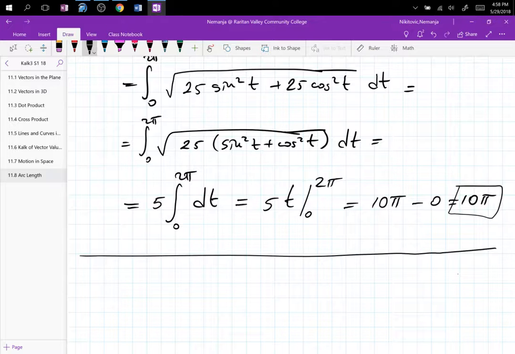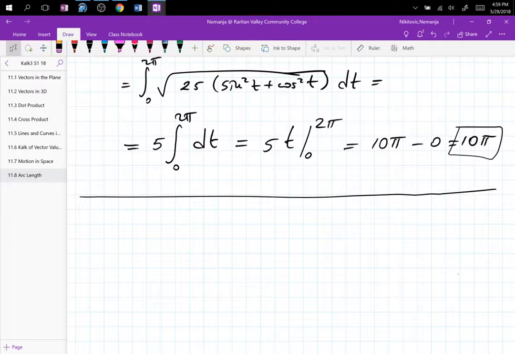So this was 2D, because I only had 2 components, but it turns out that extending this to higher dimensions is easy. Just keep adding stuff under the radical. So you have dx/dt, dy/dt, you can have dz/dt, dw/dt, as many dimensions as you want or need.